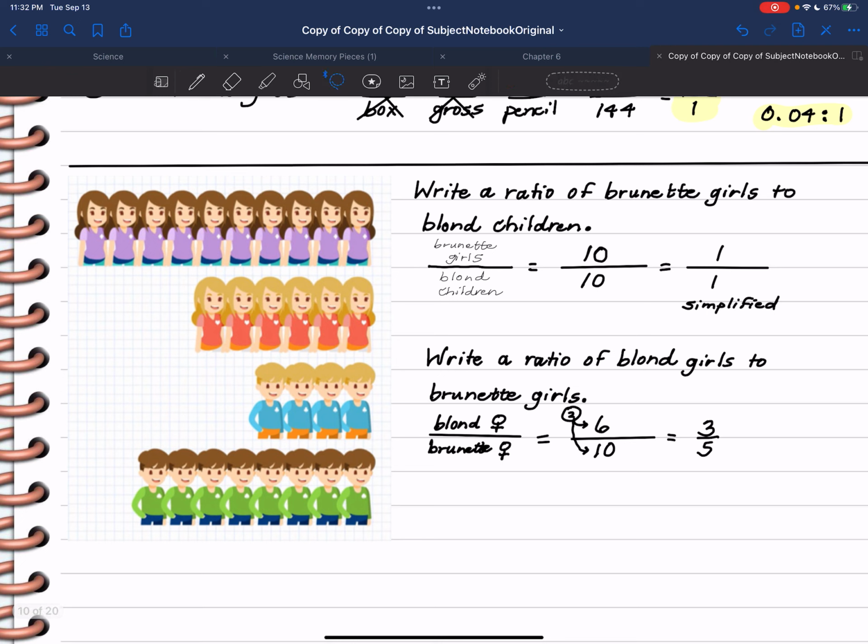So for every 3 blonde girls, there are 5 brunette girls. And that's true. We end up with 2 sets of them. And that's why I could reduce by 2. There are 2 sets. Let me do it this way. Here's a set. And then you have another set just like that.